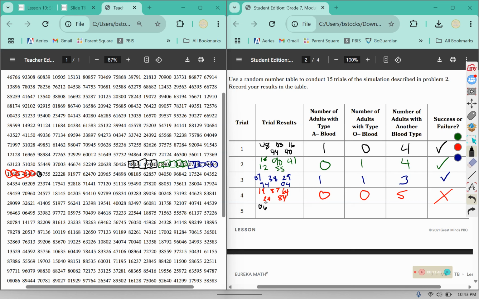06, 75, 52, 22, and 28. There is 1 from 1 to 6, none from 7 to 13, and 4 others, which is a success.